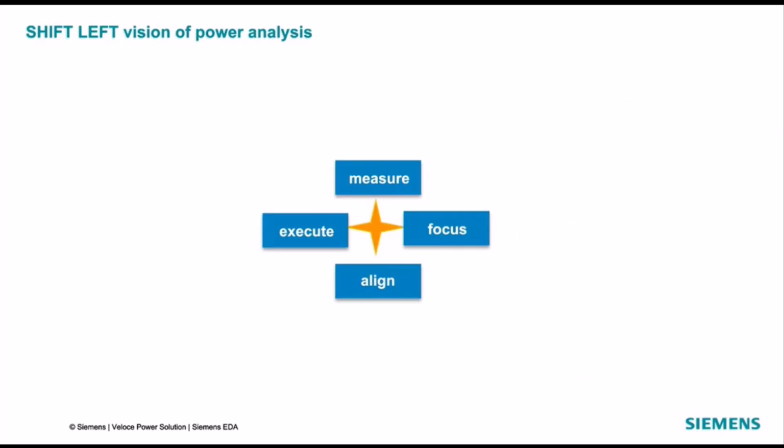We have invested a lot in shift left with regard to power. By shift left, I mean being able to do more regarding power earlier in the design cycle. Being able to accurately predict power earlier, and then have enough time to take the right set of actions and know the outcome of these actions, all before tape out.